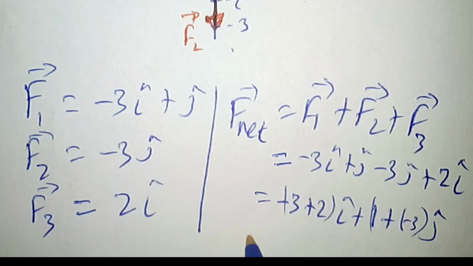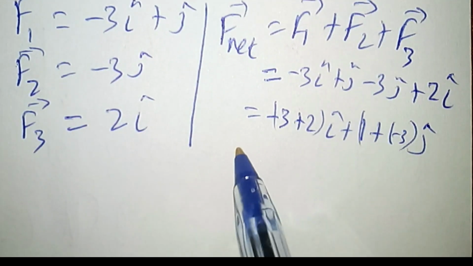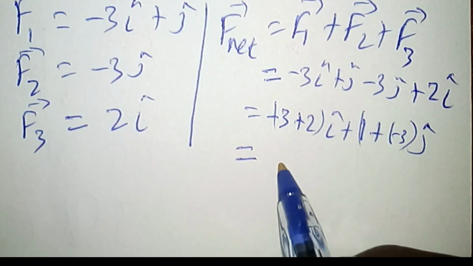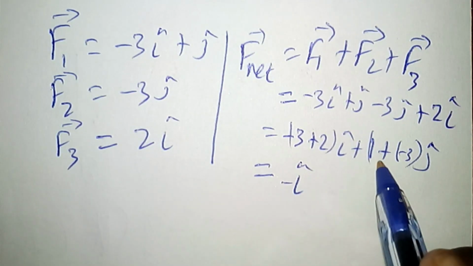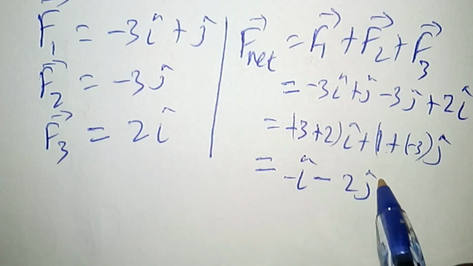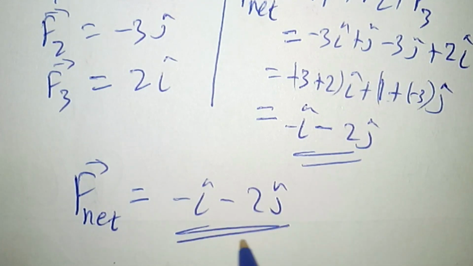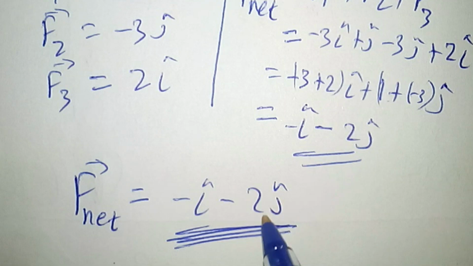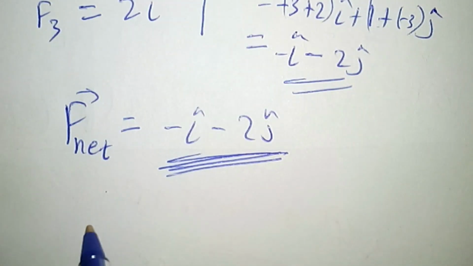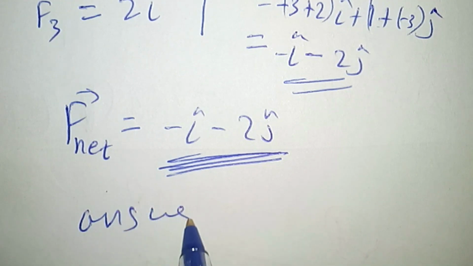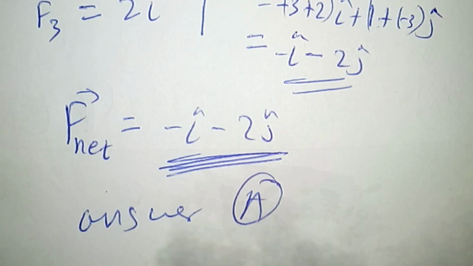So then this is equal to minus I minus 2j. Minus I minus 2j is the vector which indicates the net force acting on the object. So the answer is alternative A.